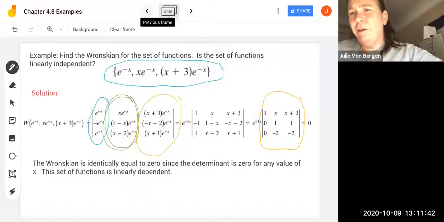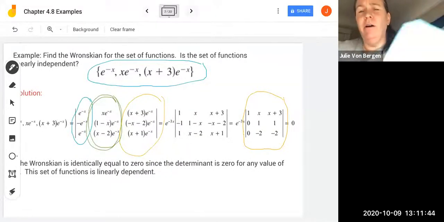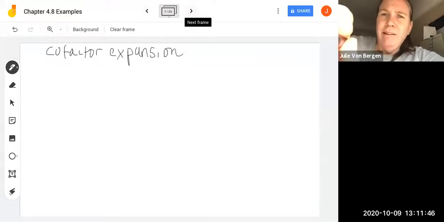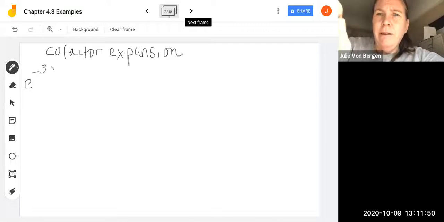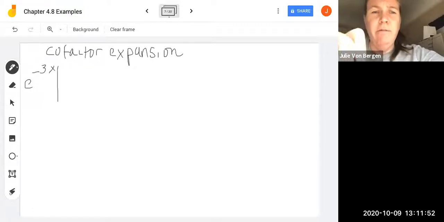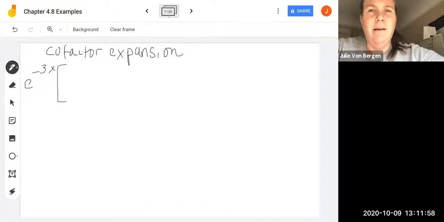Let's go ahead and do the cofactor expansion here of our determinant so that we see exactly why we're getting 0 there. You don't have to check this every time. You can use SymPy, although with symbolic functions like x, you may want to do it by hand.